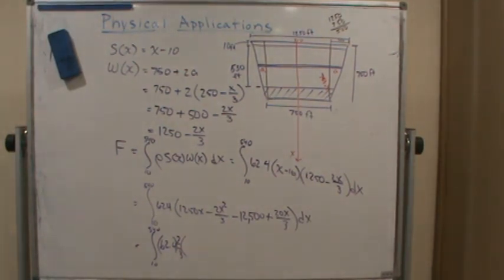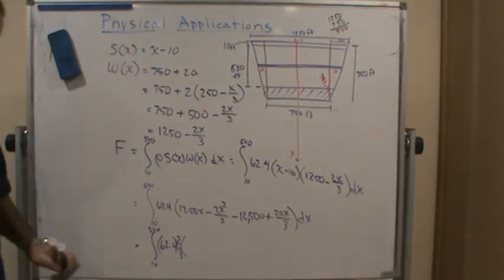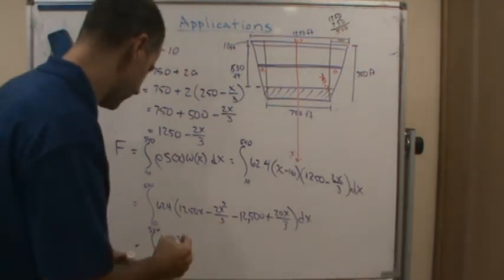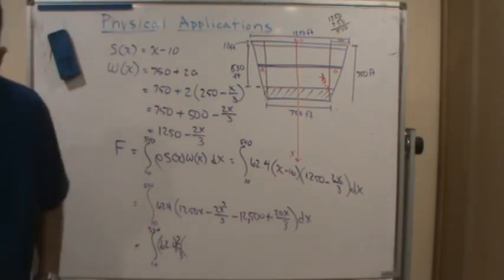Okay, so this will become x squared, right? Because if we pull out the 2/3 here, that's going to become x squared.